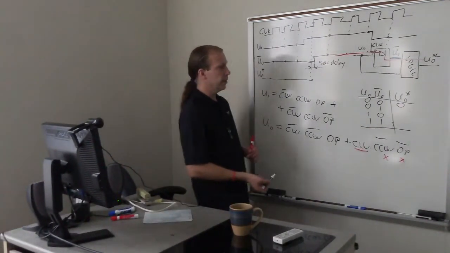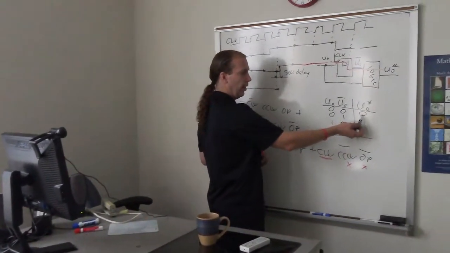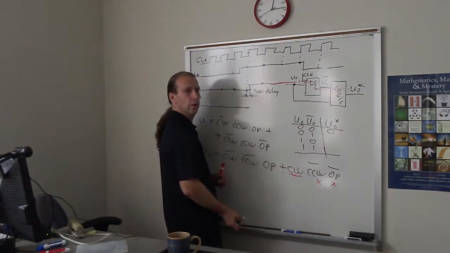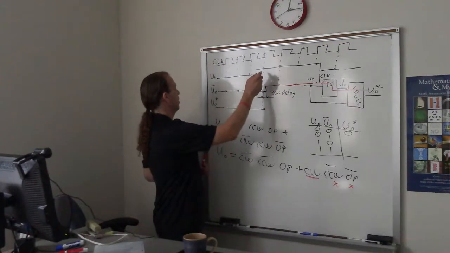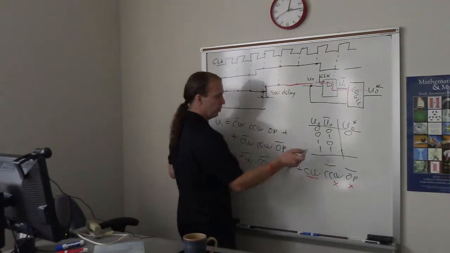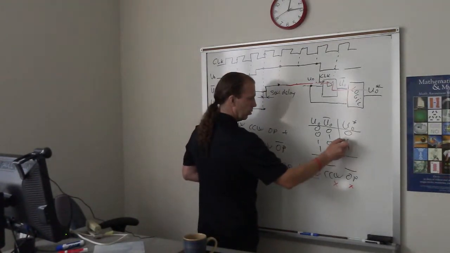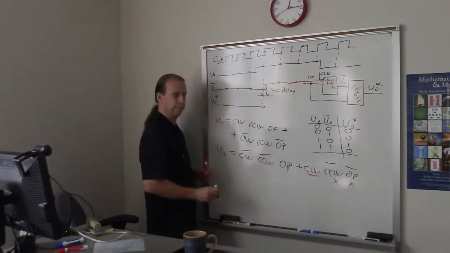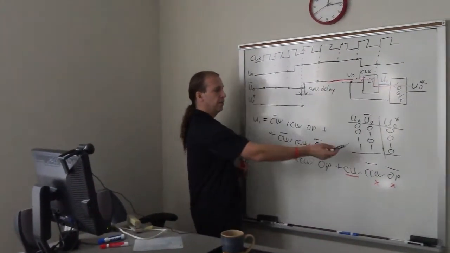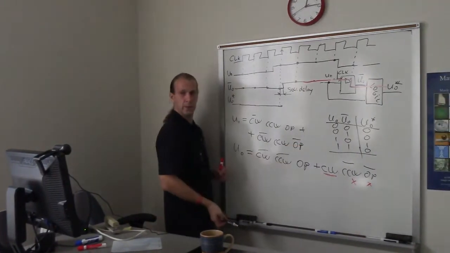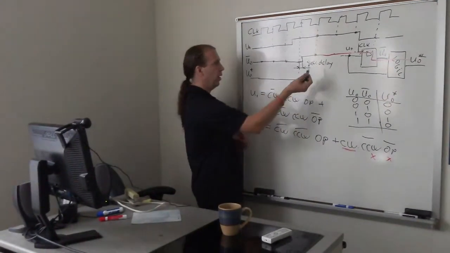So in other words, we want to keep it 0 for all combinations except 1, 0. And by design, we know that that combination will be present only during one clock cycle.